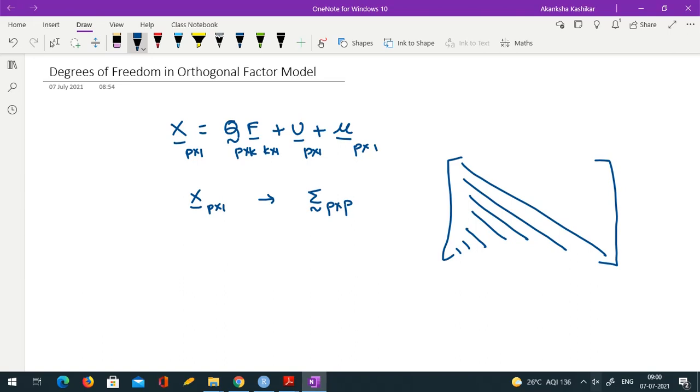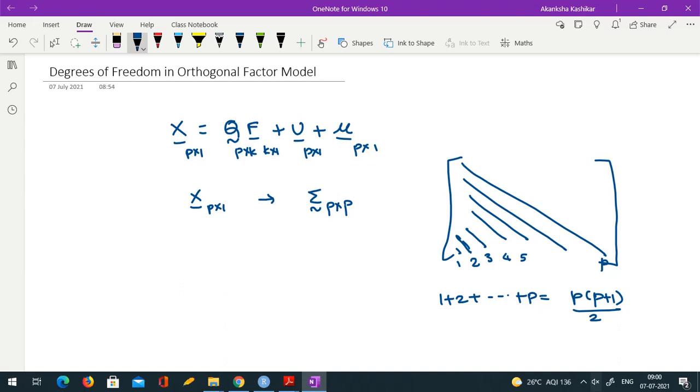Can you think? I have one entry here, then 1 and 2, so one entry from the first, then two entries from the next slanting line, then 3, 4, 5 up to p entries. So basically I have 1 plus 2 plus up to p, that is p(p+1)/2 distinct or unique entries that need to be estimated.